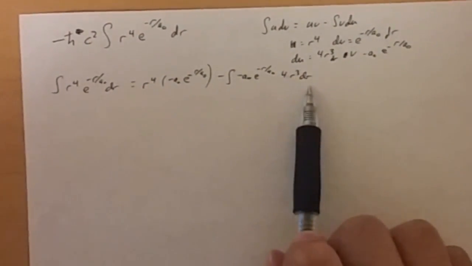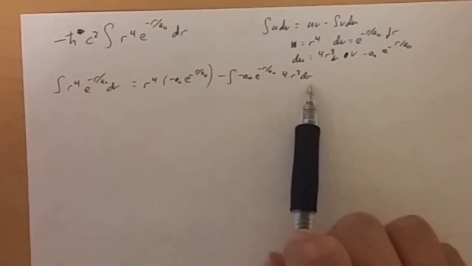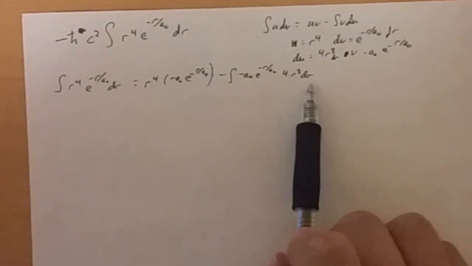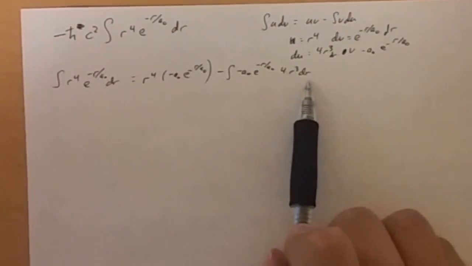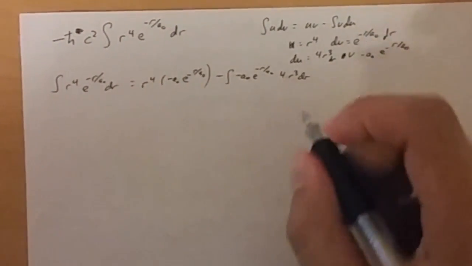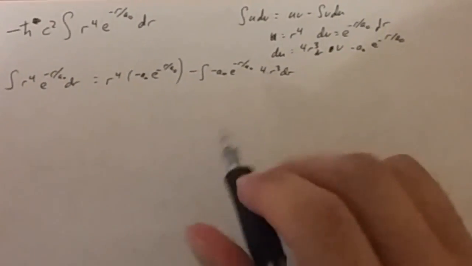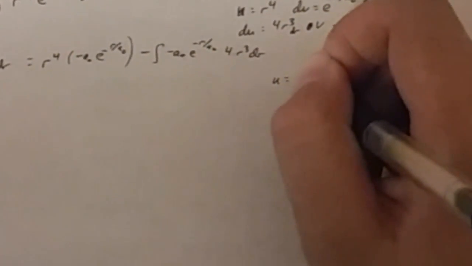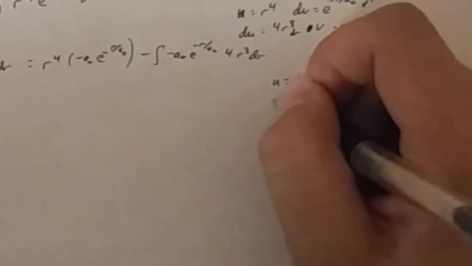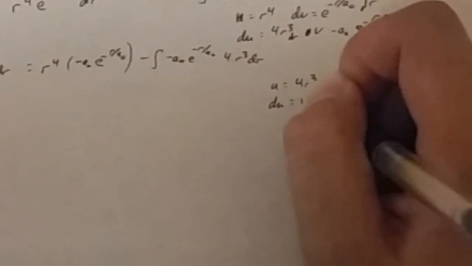Now we can evaluate this basically the same way we did it earlier. I'm going to say that u is going to be 4r cubed, which means du is going to be 12r squared.